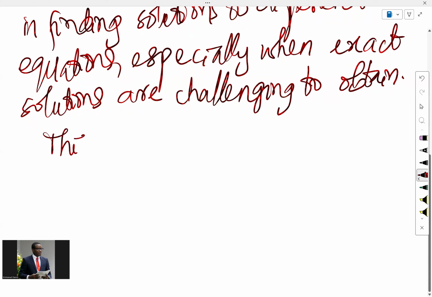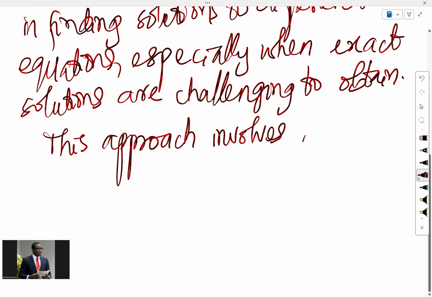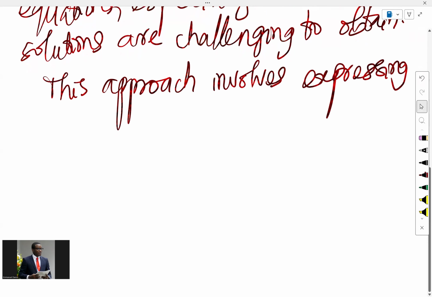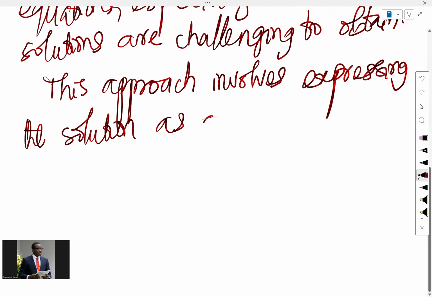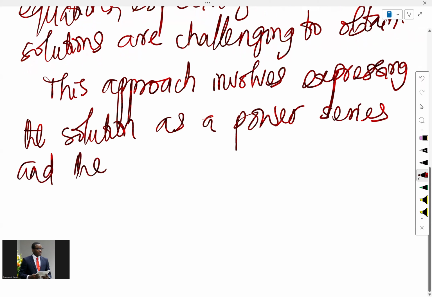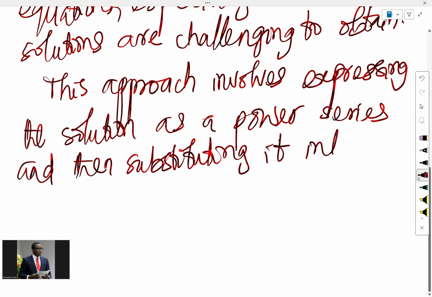So this approach involves expressing the solution as a power series, and then substituting it into the differential equation.